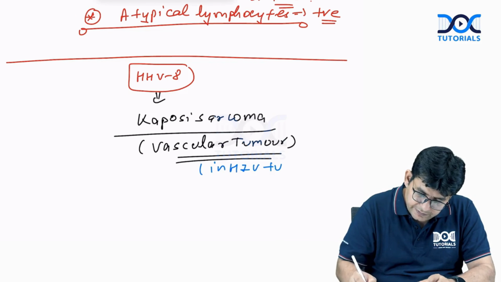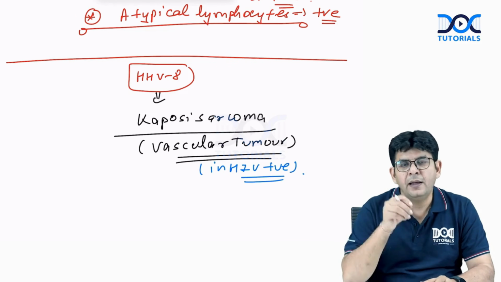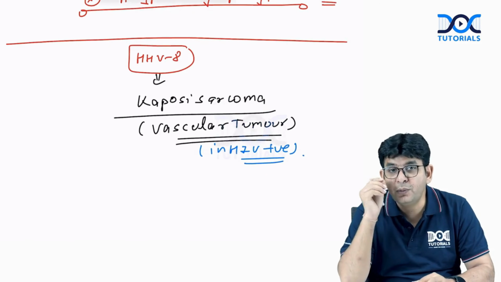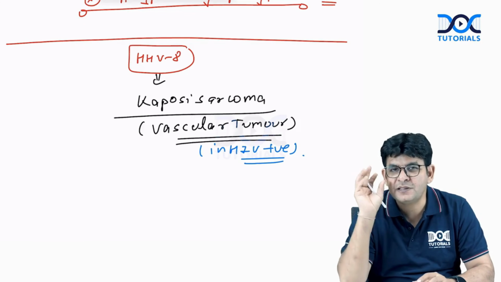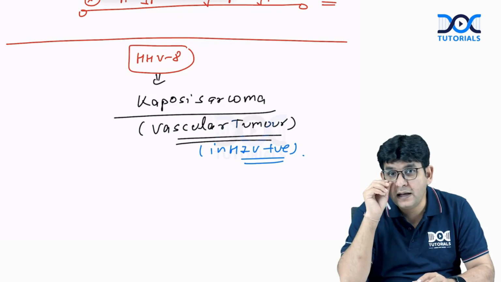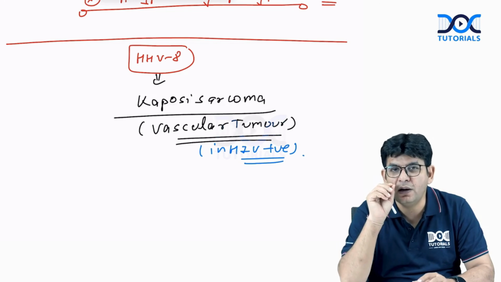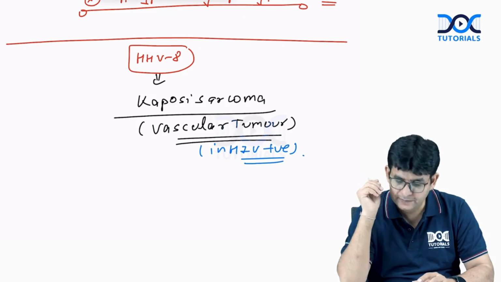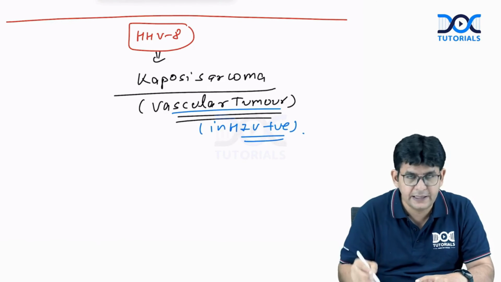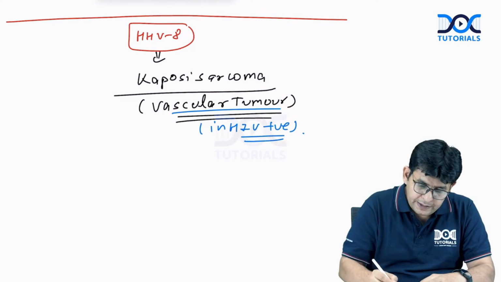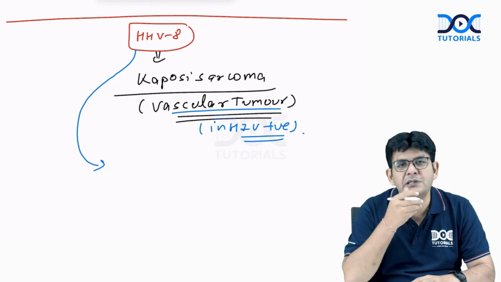In HIV positive individuals. And in the HIV positive individual, one more vascular tumor is there. Can you tell me, guys? Bacillary angiomatosis. If you remember Bartonella henselae, Bartonella quintana leads to that. Here also it is same. So that is also a vascular tumor, but that is by bacteria. This one is by virus.